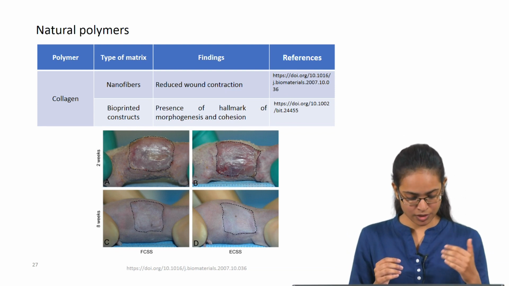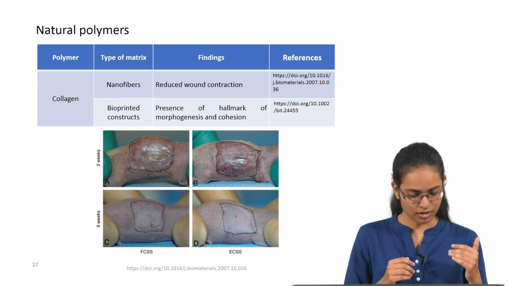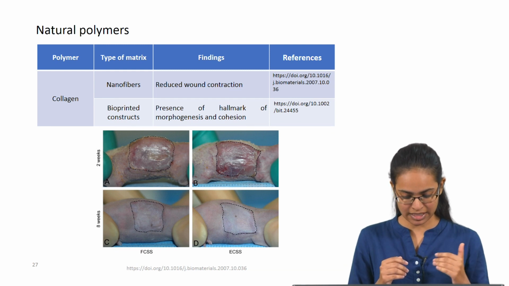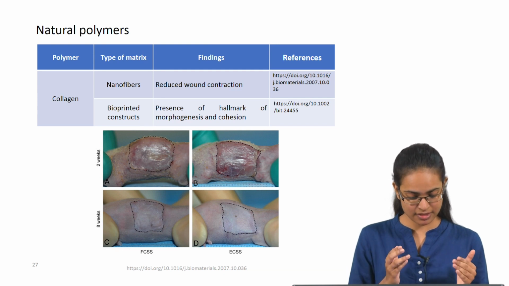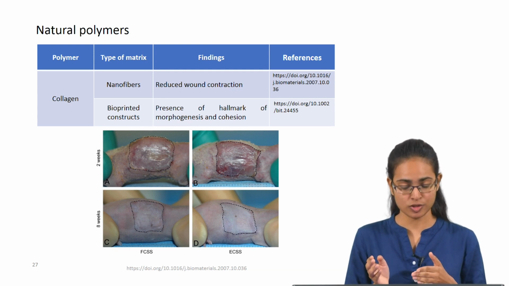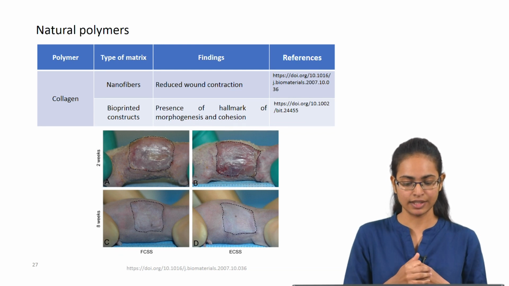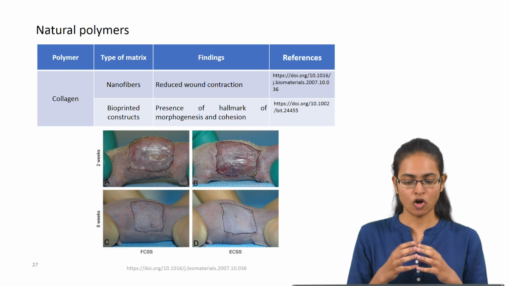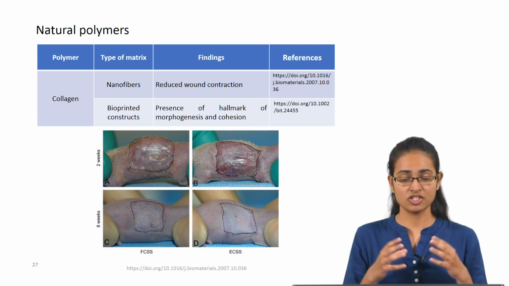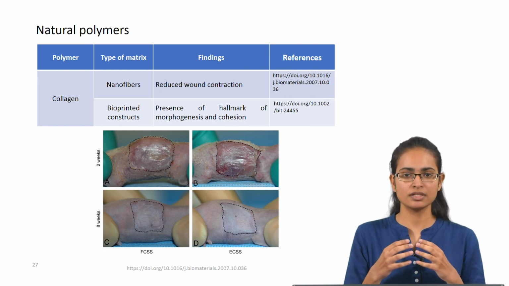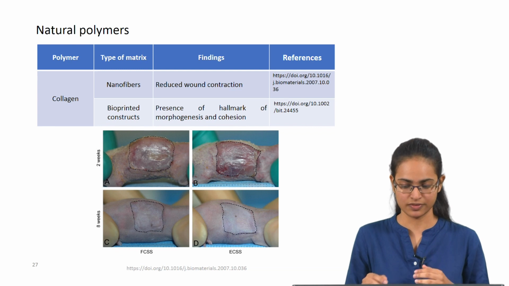Here you can see that using a collagen skin substitute, an acceleration in wound healing has been achieved in both freeze dried skin substitutes and electrospun skin substitutes. Reduced wound contraction and also a presence of hallmarks of morphogenesis and cohesion, which shows the formation of natural skin tissue, have been observed.